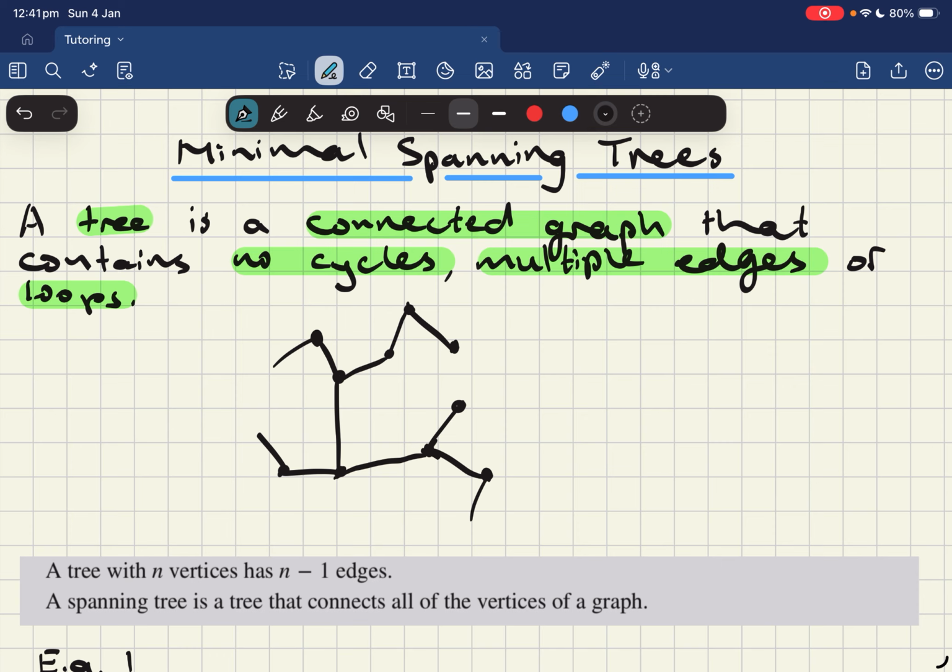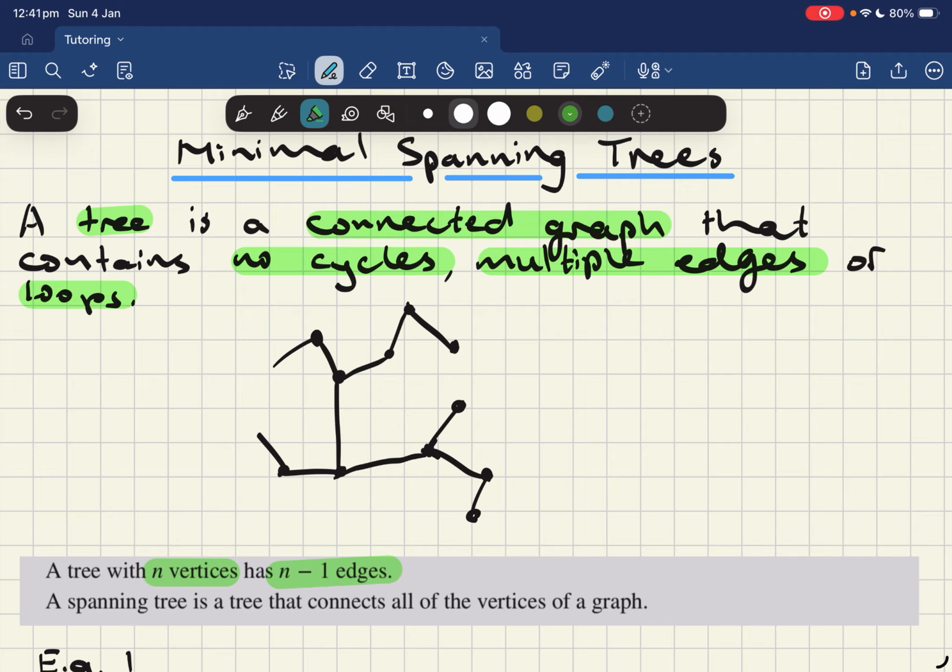Now, a tree with n vertices, so n number of vertices, will have n minus 1 edges. Okay, and we'll look at this in the next example, but this is an important piece of information that we should discuss. A tree with n vertices will always have n minus 1 edges.